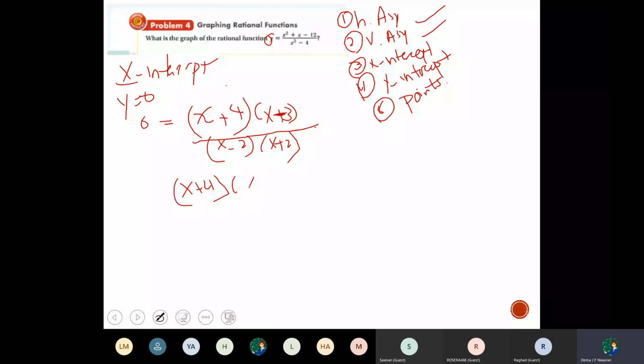Let's now find the y-intercept. Are you typing something? Because it's not showing to me.